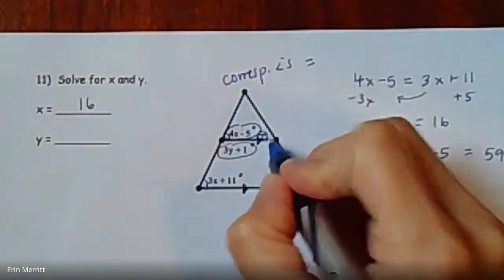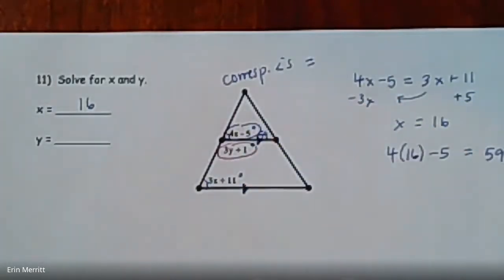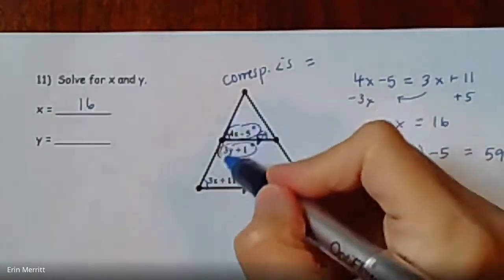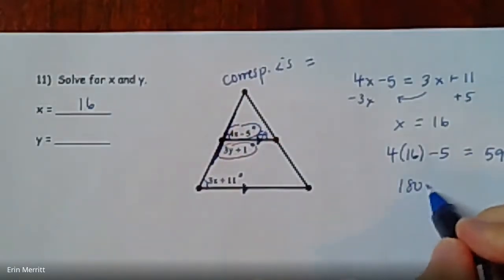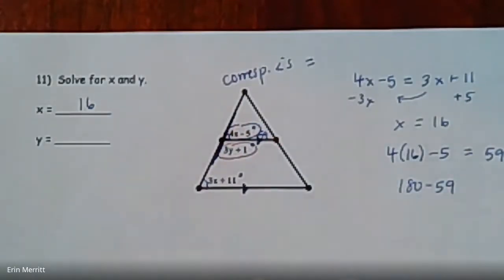So if that's 59, and those two angles, the one I circled in blue and the one I circled in red, form a straight line, it means they have to add up to 180. So if I go 180 minus 59, I'm going to get 121 degrees for my red angle.